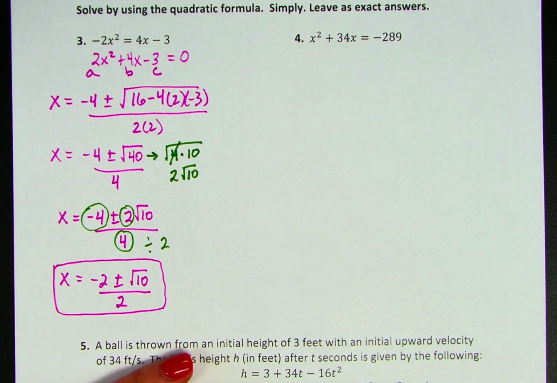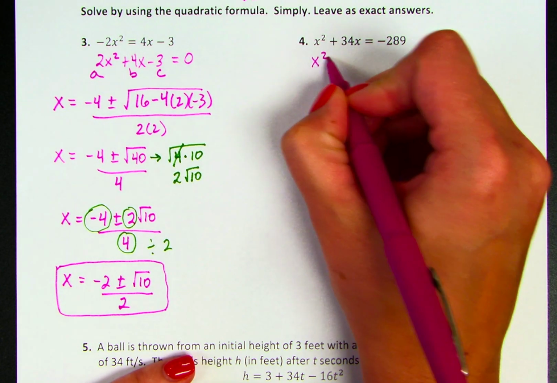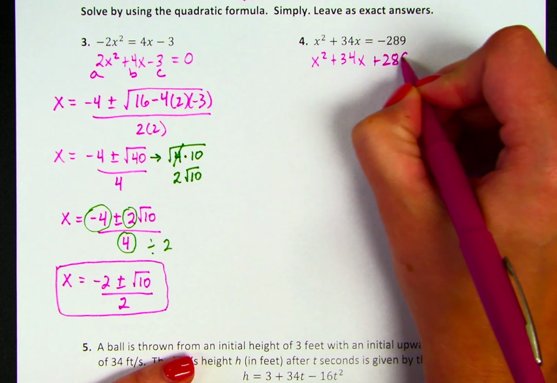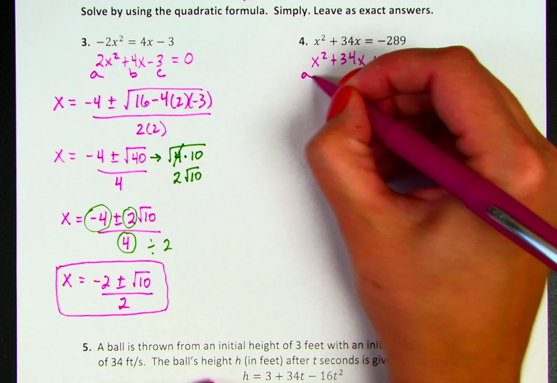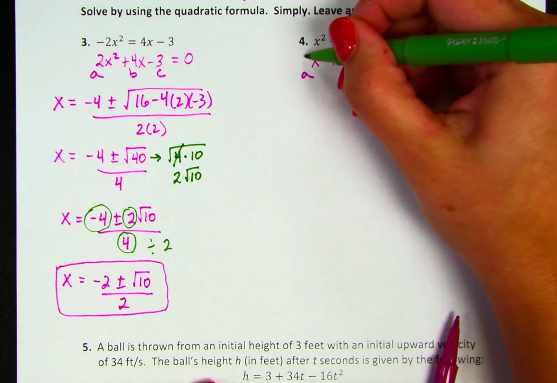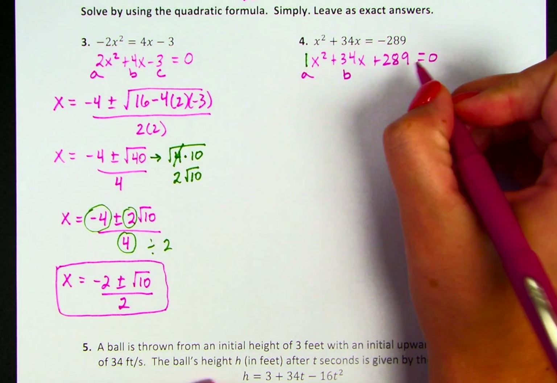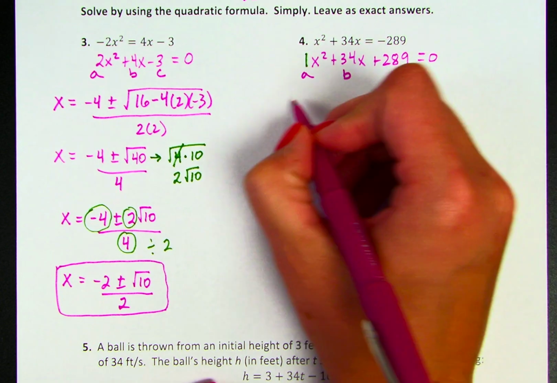All right, on the next one, we'll need to add this over. So this is x squared plus 34x plus 289 equals 0. Now, if I don't have a number in front, we are assuming that number is a 1 since we're multiplying. So A is 1, B is 34, and our C is 289.